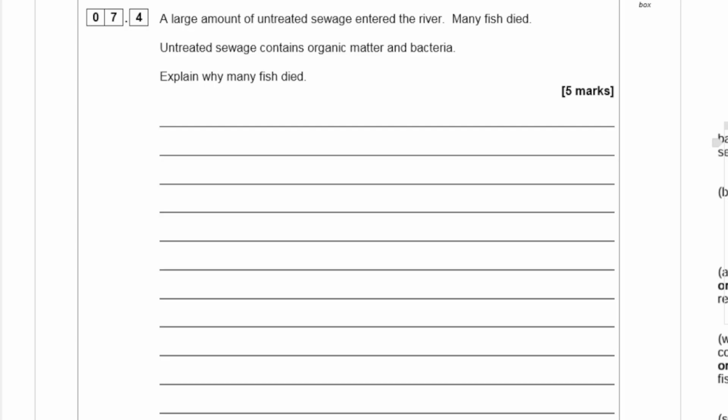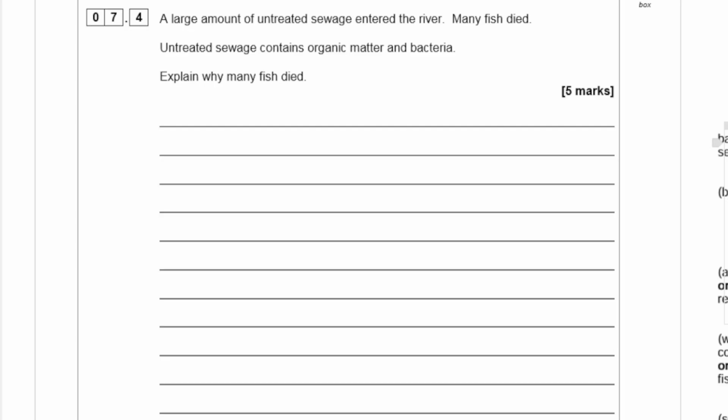They do that aerobically, using all the oxygen in the water. So the level of oxygen in the water goes down, and the fish will die because of a lack of oxygen.